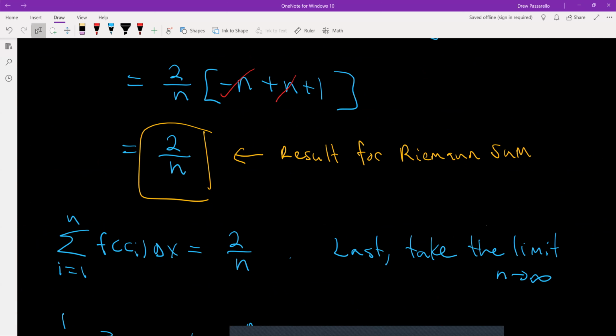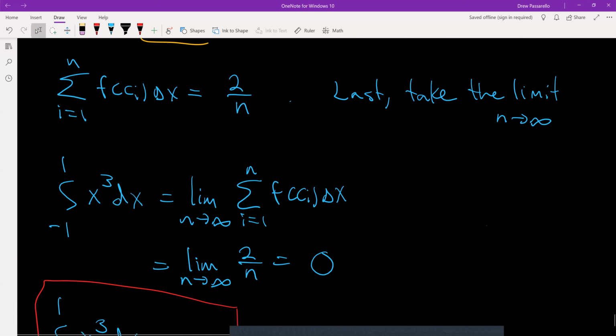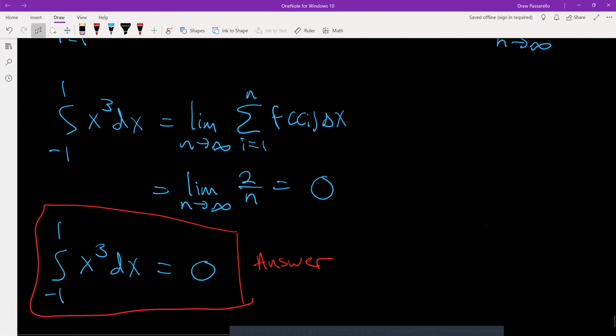That's what the Riemann sum is. So the last thing we need to do is take the limit. The definite integral from negative 1 to 1 of x cubed dx is equal to the limit of the Riemann sum, which is 2 over n. So that limit is 0, and that definite integral is equal to 0.